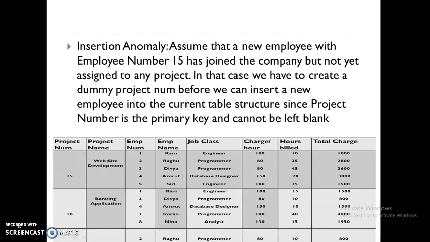For example, we notice that the employee information is closely tied in with the project information. So, if a new employee has joined our company and we haven't yet associated them with any project, there is no way for us to include that employee's information in this given structure. And for that reason, we will be forced to come up with a dummy project number.